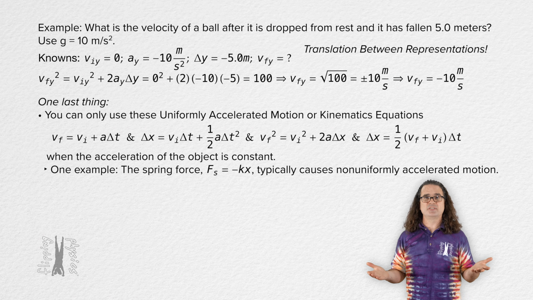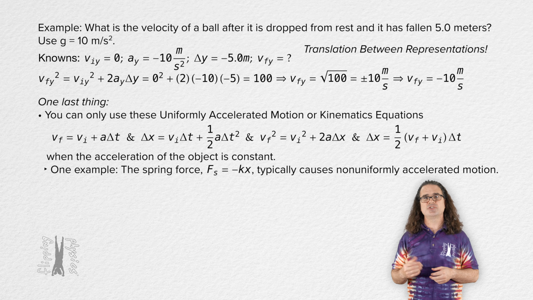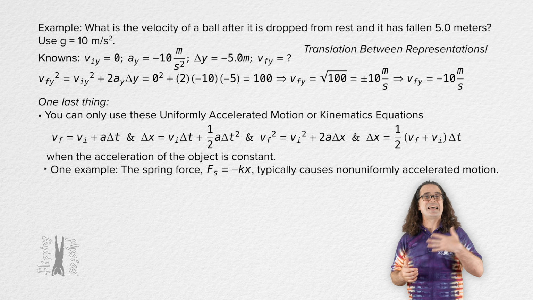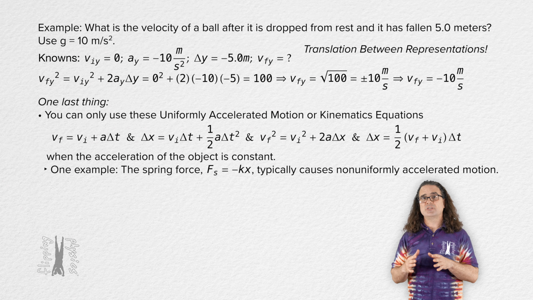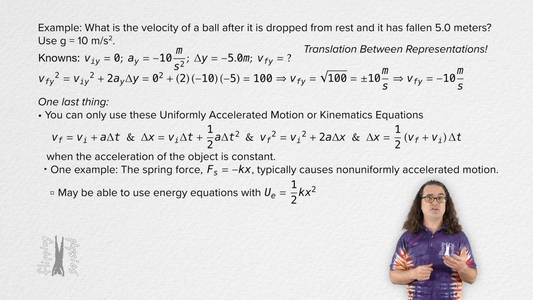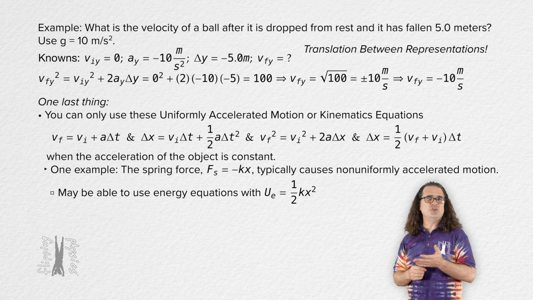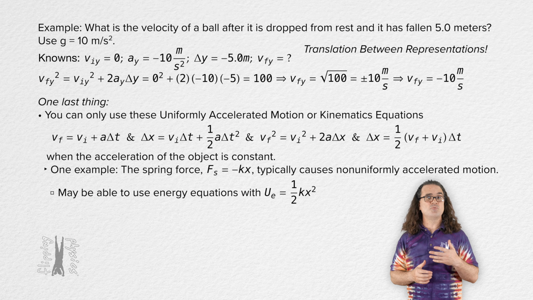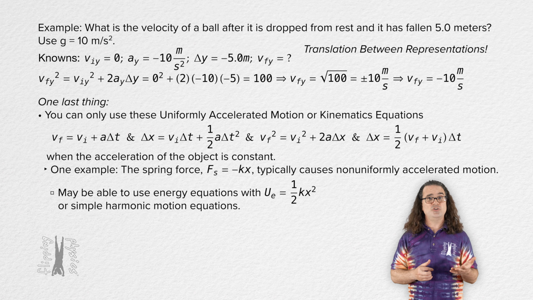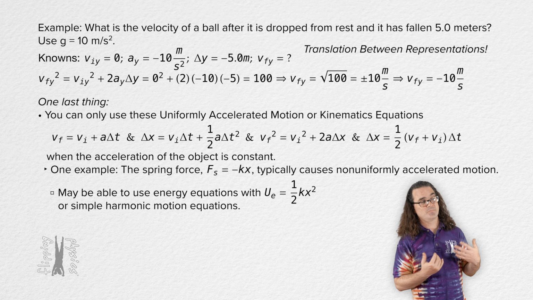Well, one good example is that the spring force changes depending on distance from equilibrium position, so the spring force typically causes non-uniform acceleration. And you can often use energy considerations to solve problems with springs in them because they utilize the elastic potential energy equation. And if the object is moving in simple harmonic motion, then you can use simple harmonic motion equations. But I have not learned those yet.